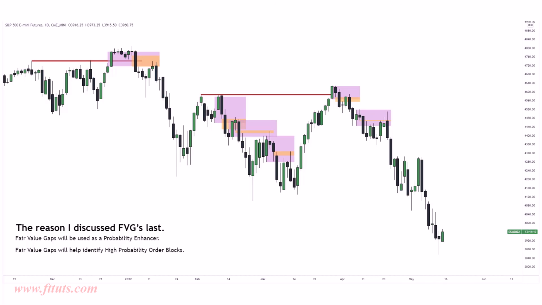So what that means is, if you see an order block and a fair value gap, that order block turns into a high probability order block. Now, picture that in with parent order flow and institutional sponsorship. If you see an order block with a fair value gap, that is a key level.